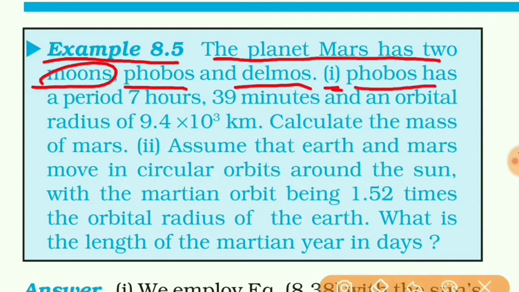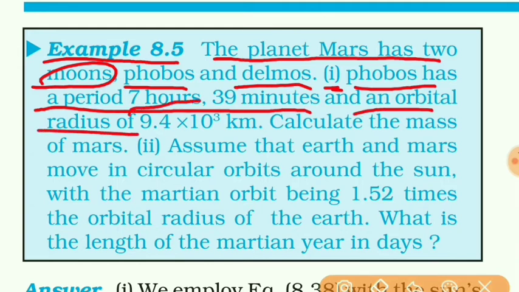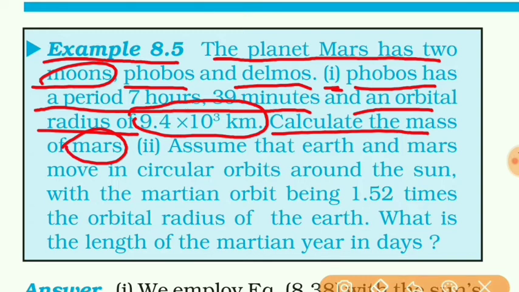Phobos has a period of 7 hours and 39 minutes and an orbital radius of 9.4 into 10 raised to 3 kilometer. And here we have to calculate the mass of Mars from this given data, that is the periodic time and the radius of orbit. We have to find the mass of Mars.